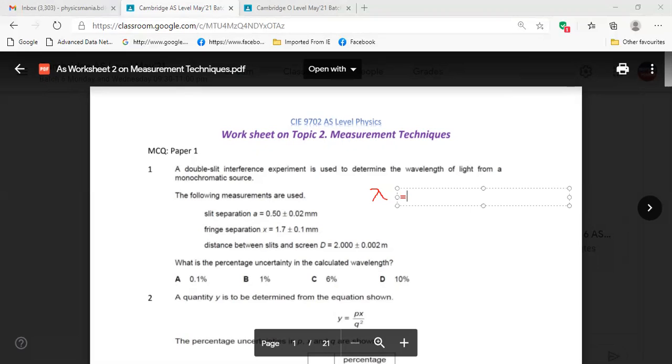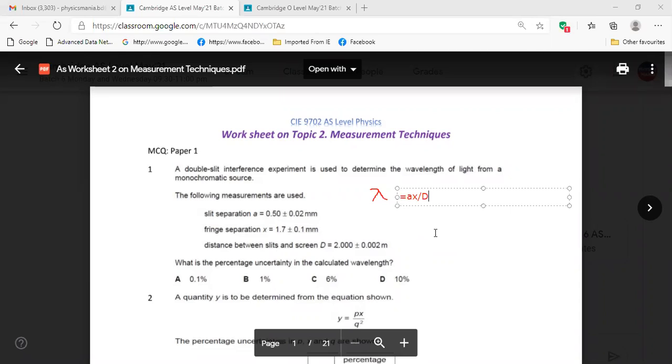So the formula related to wavelength is lambda equals a x by D. This is your formula to find the wavelength. Now they are asking you about the percentage uncertainty.